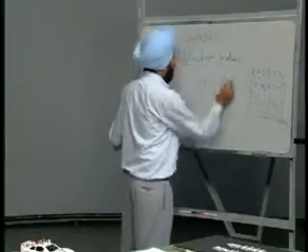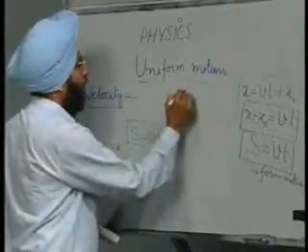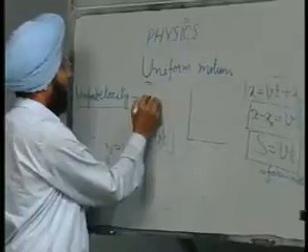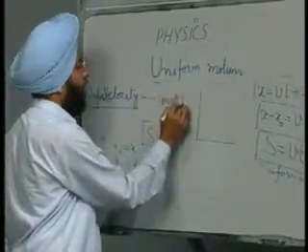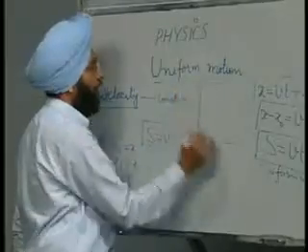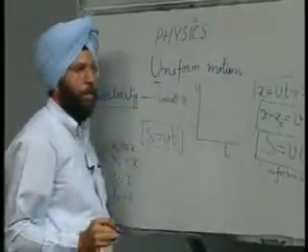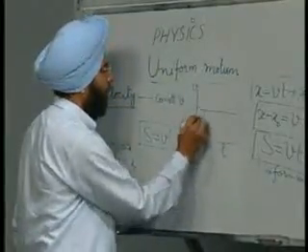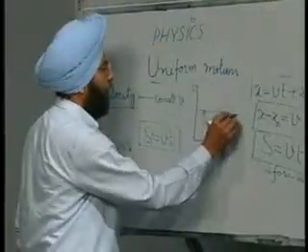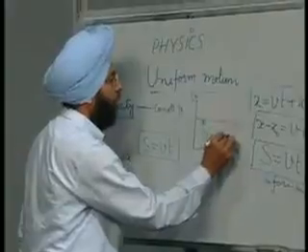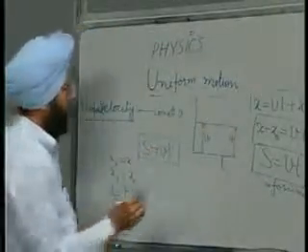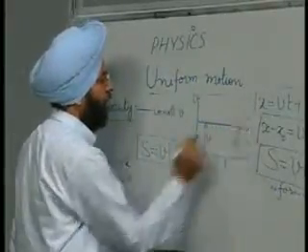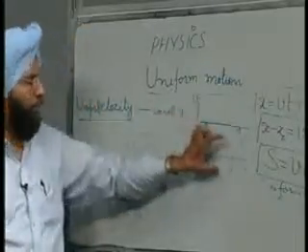Now, if we have uniform velocity or uniform motion, velocity is constant. If we plot a graph between v and t, velocity is constant. So, it will have the same value, it will remain the same at all times to come. So, the velocity time graph for a uniform motion is a straight line, a line parallel to the time axis.